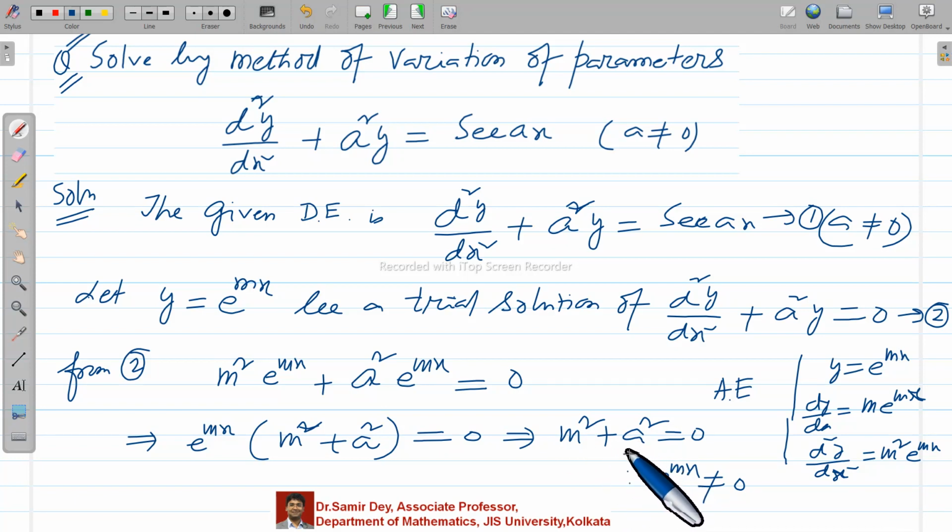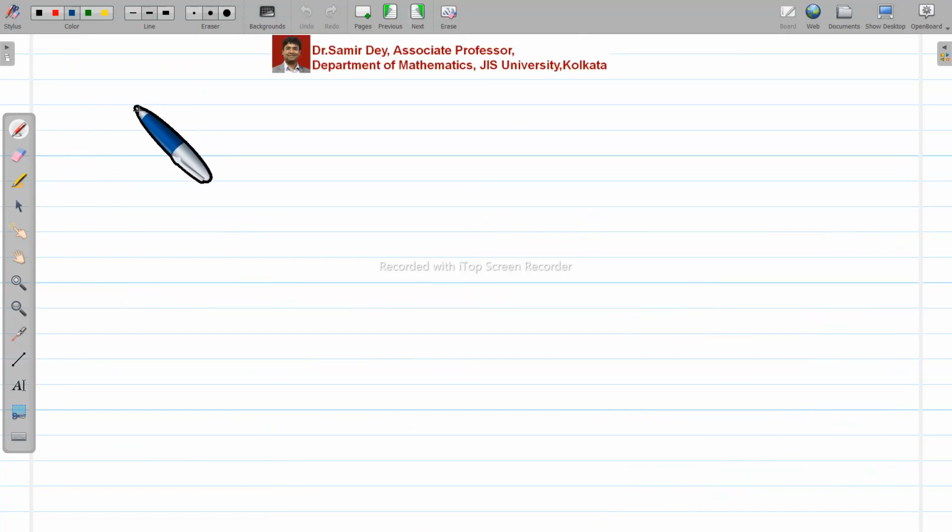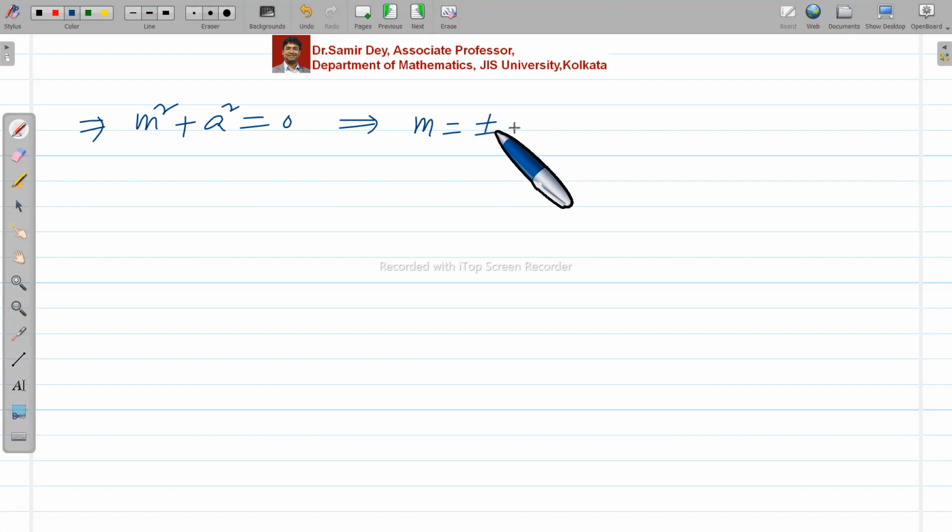I think up to this portion is clear to everyone. Just like the previous method, the CF part is the same. Okay, so if I go to the next slide, it is coming m^2 + a^2 = 0. It means m = plus minus ai. So what will be the CF?